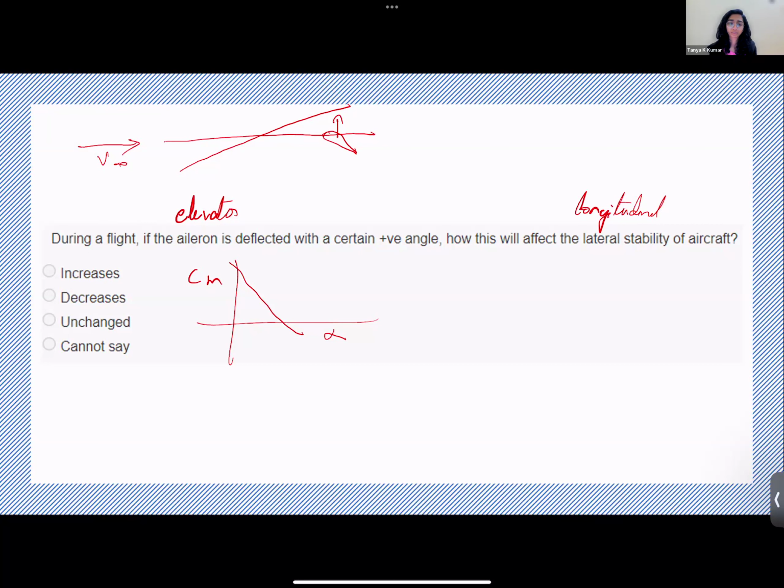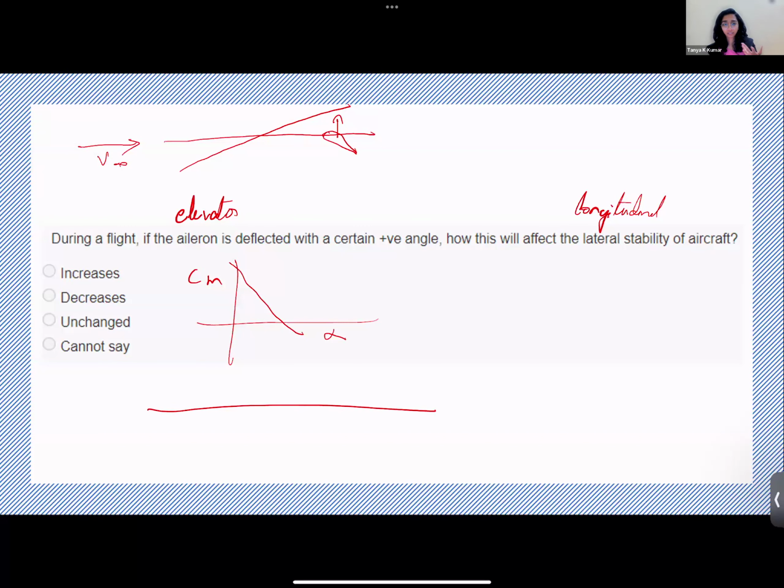Think about it. To get stability, what do we do for the aircraft to be longitudinally stable? What part of the aircraft contributes towards the stability? So your aircraft is flying. This is the equilibrium condition, fuselage reference line.